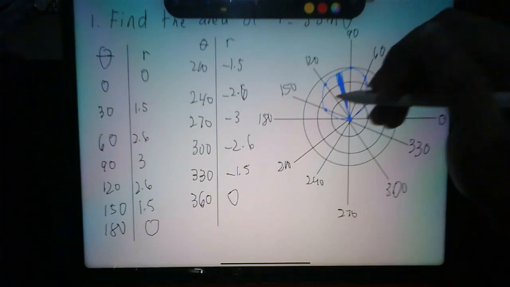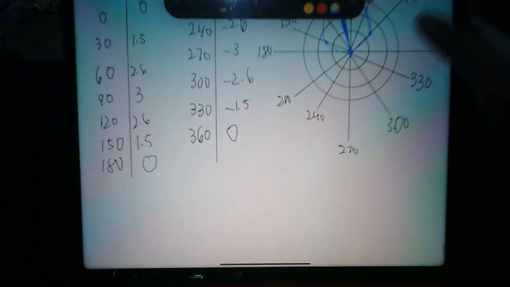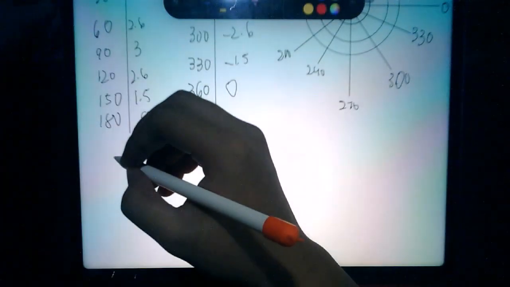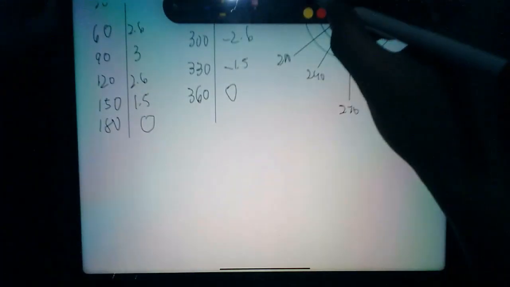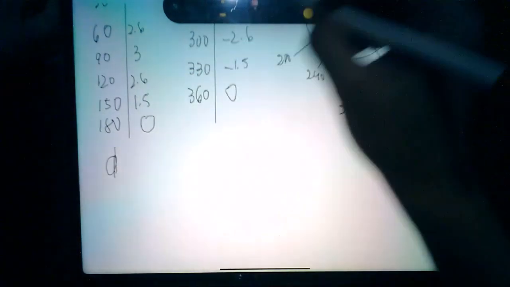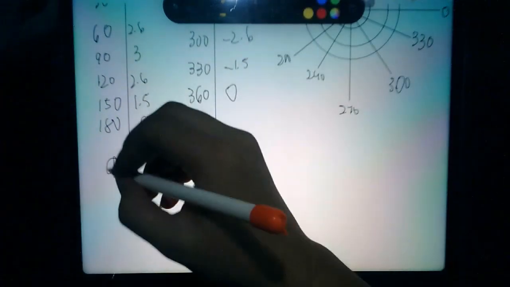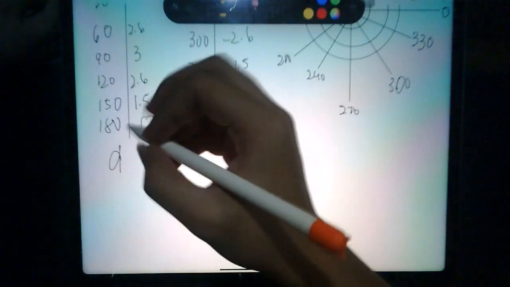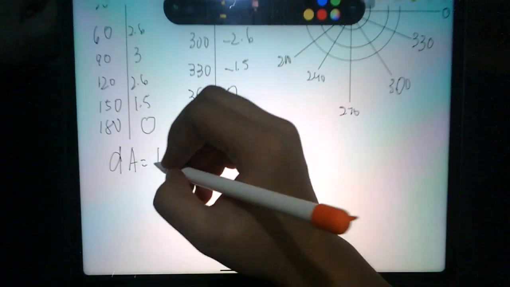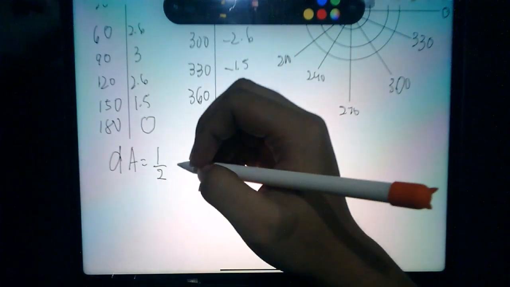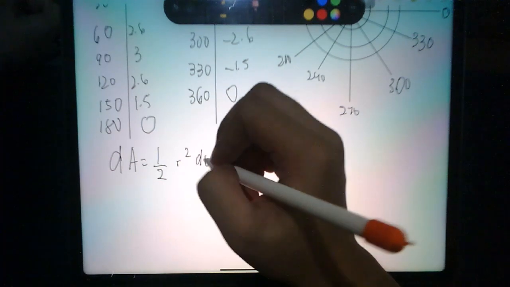This covers two areas. So first we need to put the differential area. Let me change my color. Differential area is just equal to 1/2 r squared d theta.